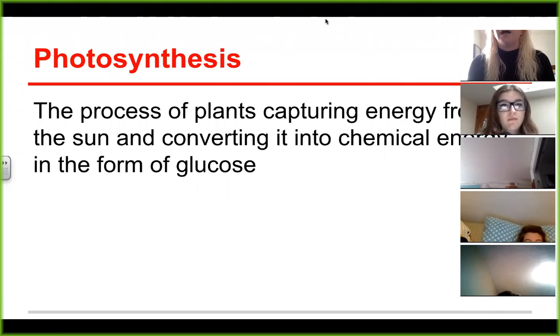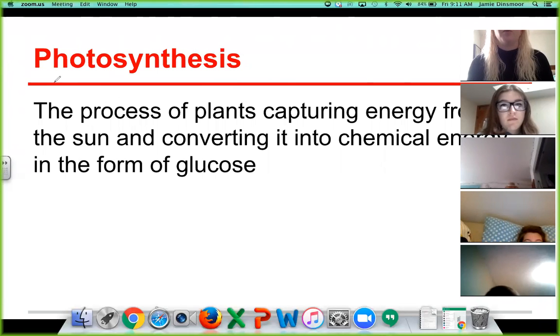definition, what the word actually means, if we break the word down, is photo means what? What do you guys think photo means? Think about photography. Capture. It's a good guess. It means light, right? And then what does synthesis mean?